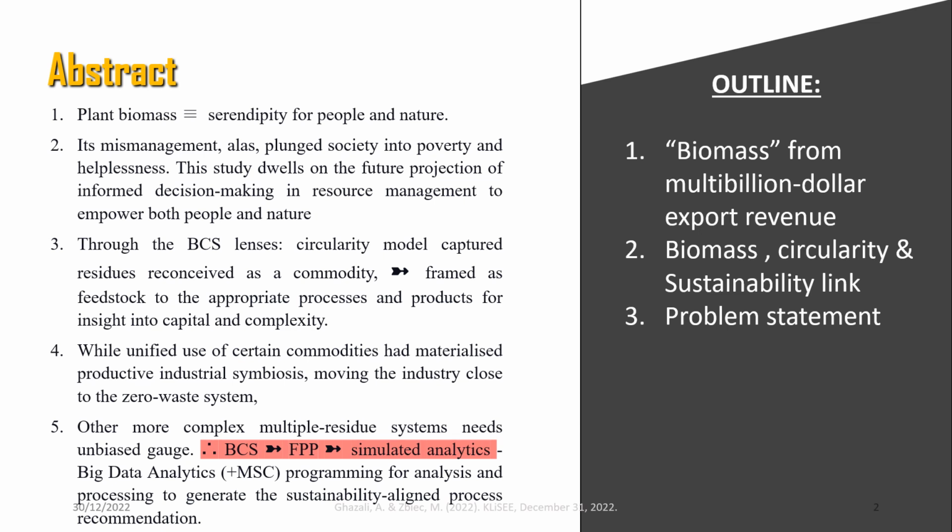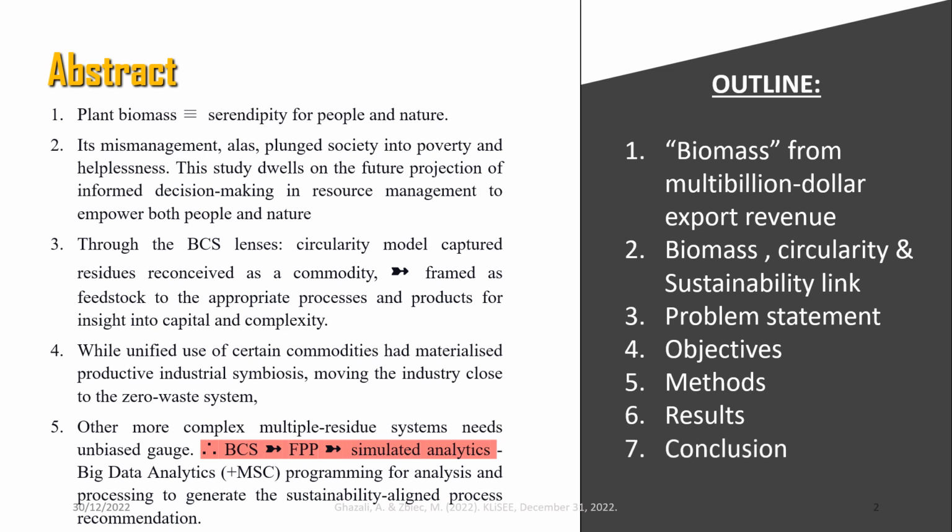This should lead us to the problem statement and define the aim of the study. Approach to accomplish data and formulate solutions will be shared, and presentation will wrap up with the significance of the deliberation.